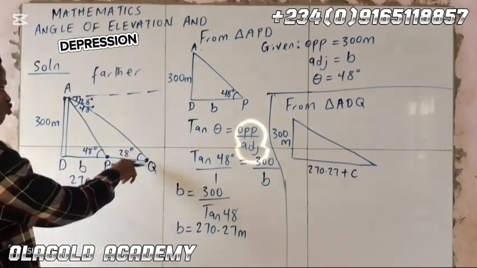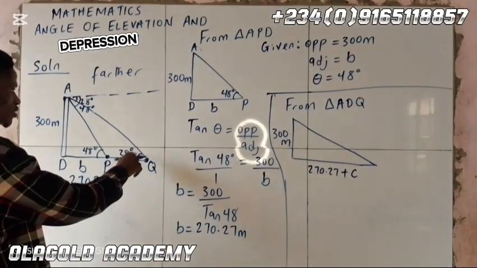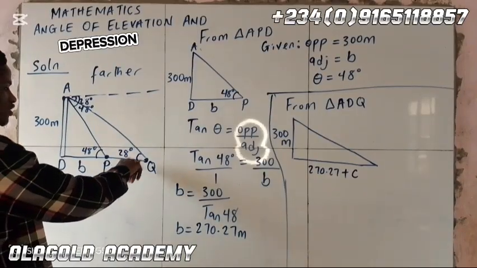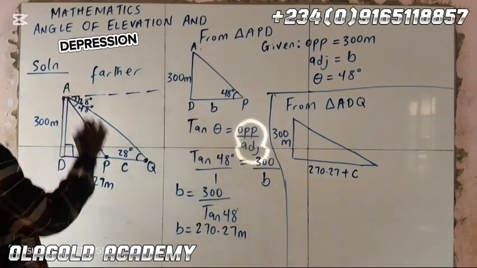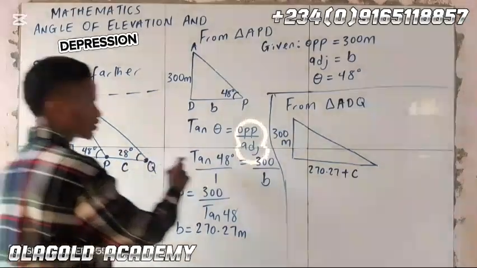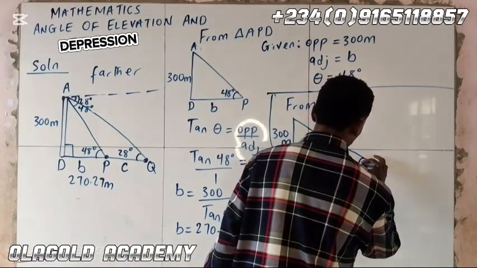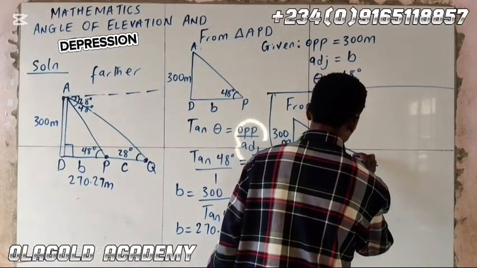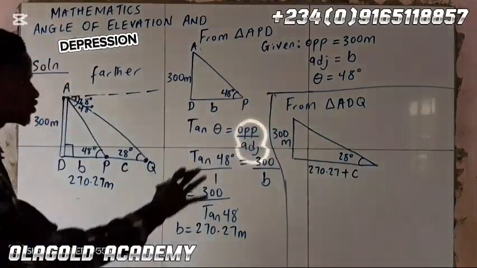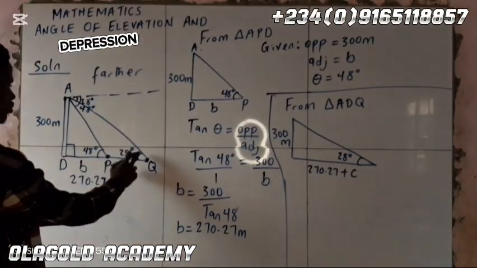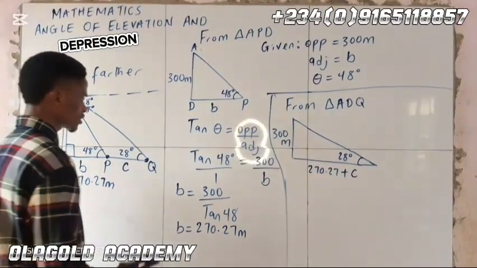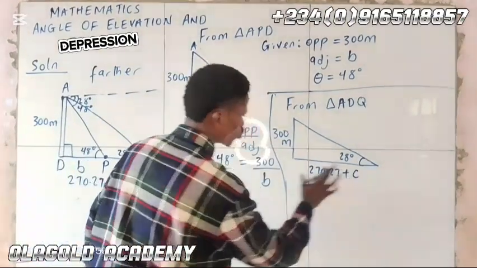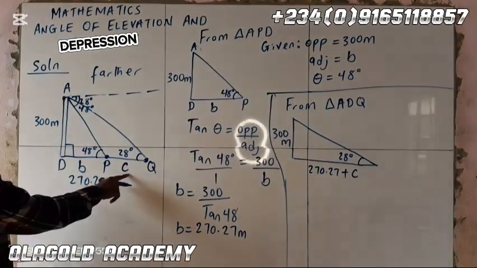My angle is 28 degrees. Remember, this is a right angle triangle. My angle here is 28 degrees, so I can use this to get my value of c.